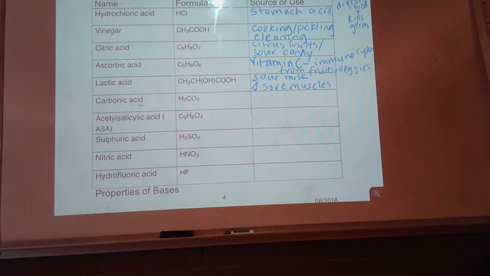Okay, and carbonic acid is also an interesting one. Is that what you would find in your soda drinks? Yep, yep. Or even the carbonated water? Yep, so pretty much everything that's carbonated, even the carbonated water has that sort of sour taste. And it's because of the carbonic acid.